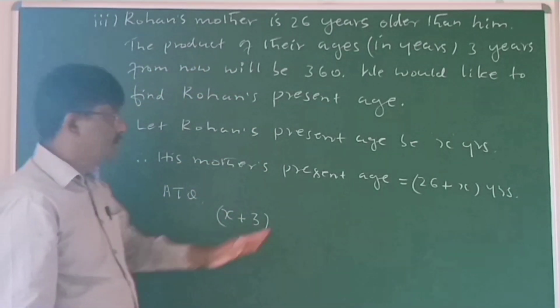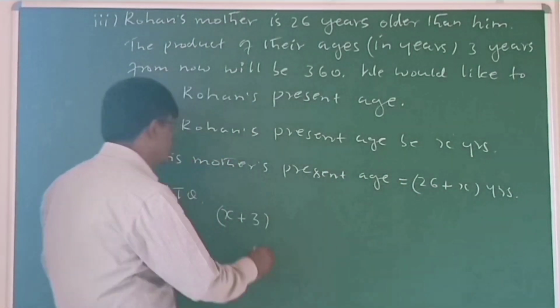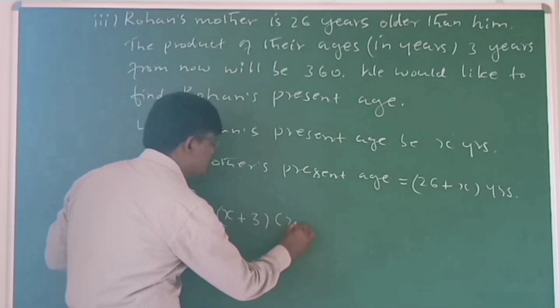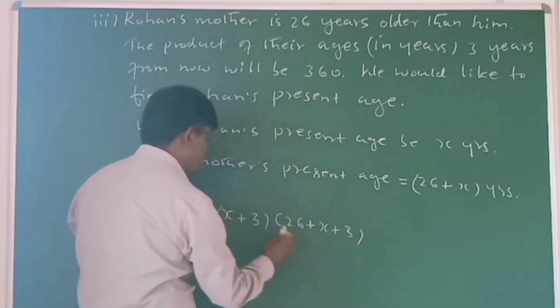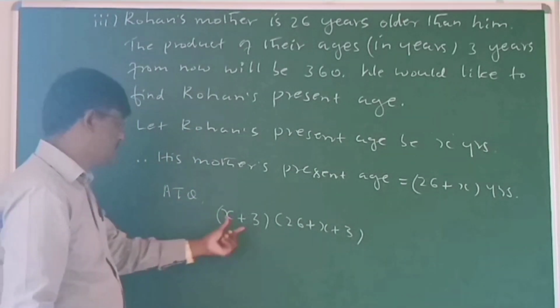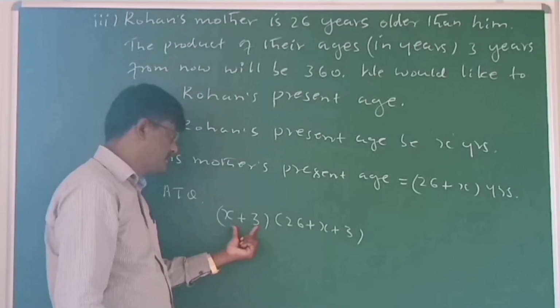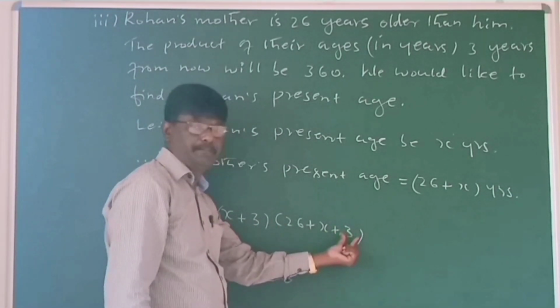Okay. Next, the product of their ages. Now, his mother's age is 26 plus x. Therefore, after 3 years, 26 plus x plus 3. After 3 years, according to the question, Rohan's age will be x plus 3, and the mother's age will be 26 plus x plus 3.